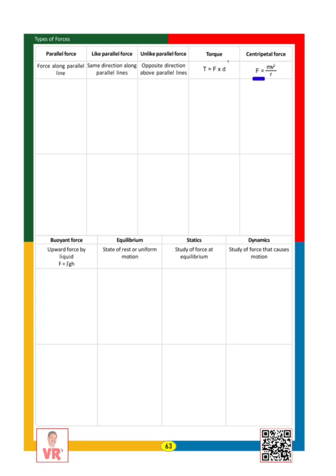Centripetal force F equal to m v square by r. Buoyant force F equal to rho g h. Here rho is the density of liquid.